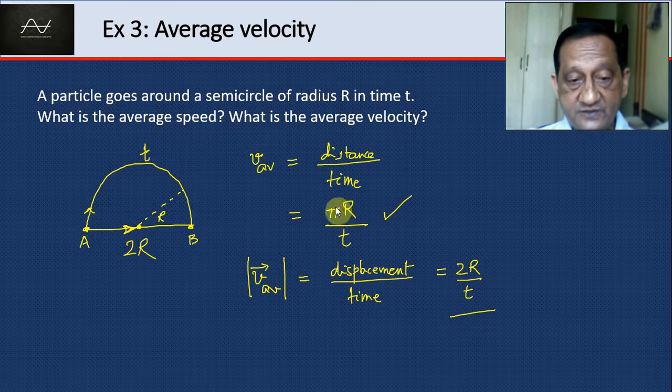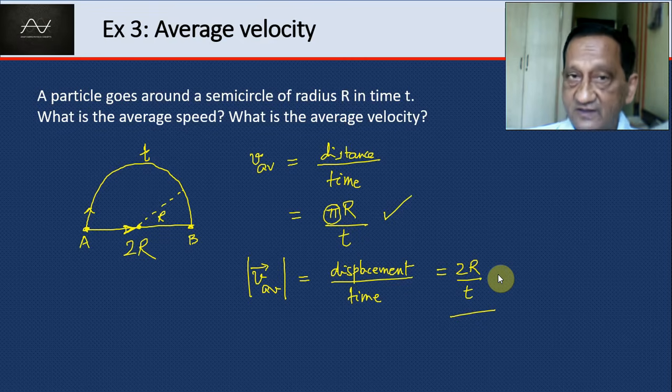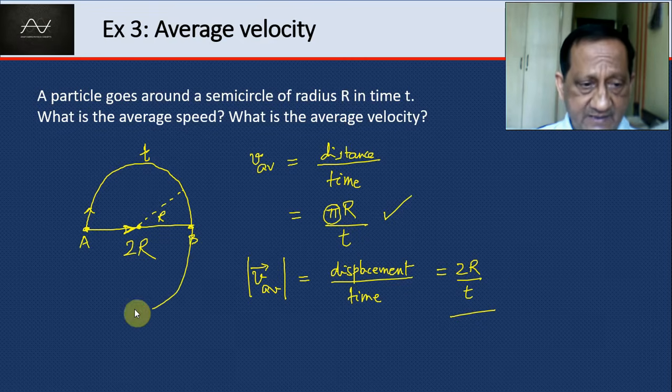Clearly, the average speed, this is pi, which is more than 2. The average speed is more than the average velocity. In all cases, because distance is always greater than or equal to the magnitude of the displacement, therefore, in any time interval, the average speed is always going to be greater than or equal to the magnitude of the average velocity.